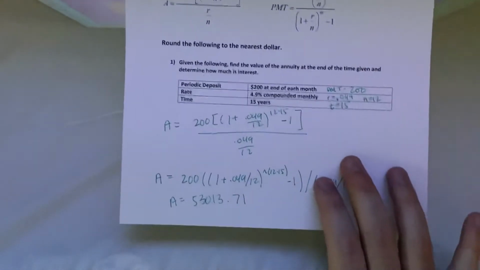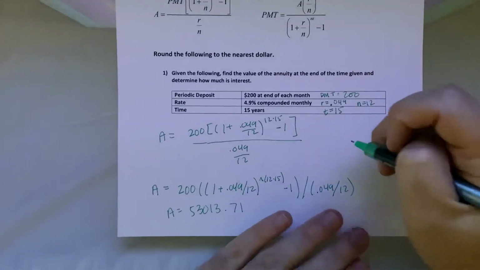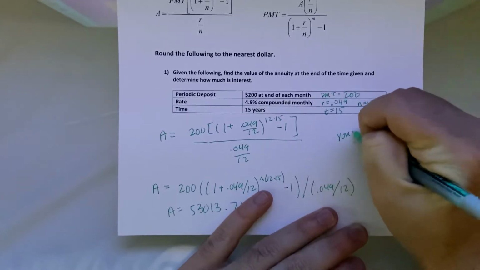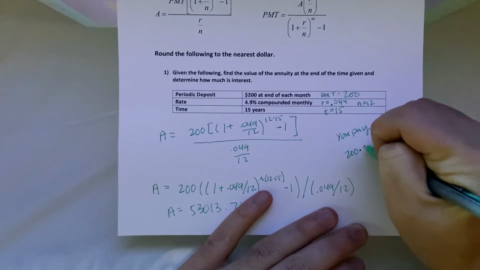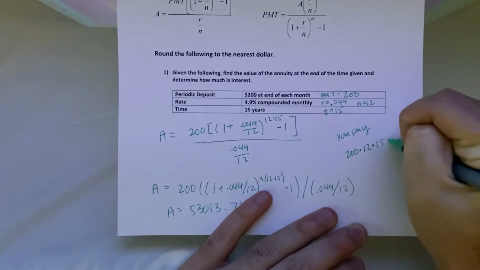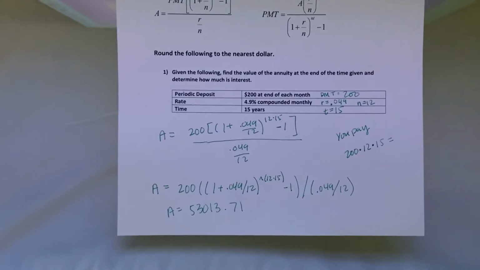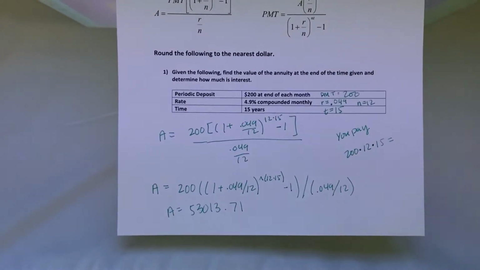Now, that's how much money you end up having. How much is interest? Well, let's talk about how much you paid. You pay $200 every month, so 12 times a year for 15 years. So 200 times 12 times 15 is, looks like, 36,000.